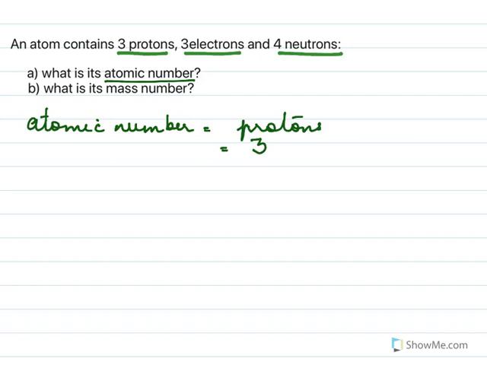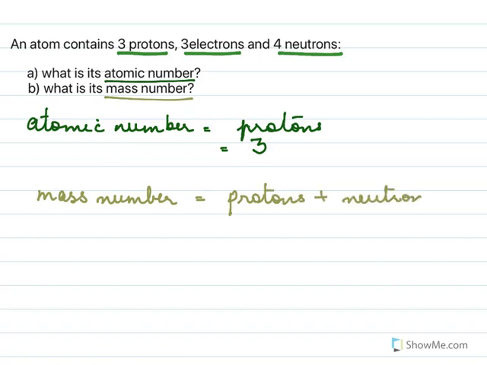Next we need to find the mass number. So mass number is protons plus neutrons. Protons 3, neutrons given 4, so mass number is 7.